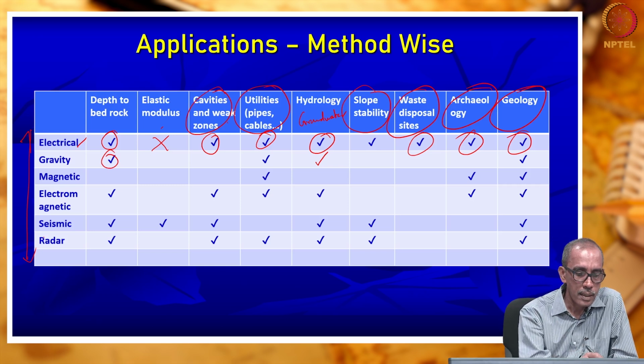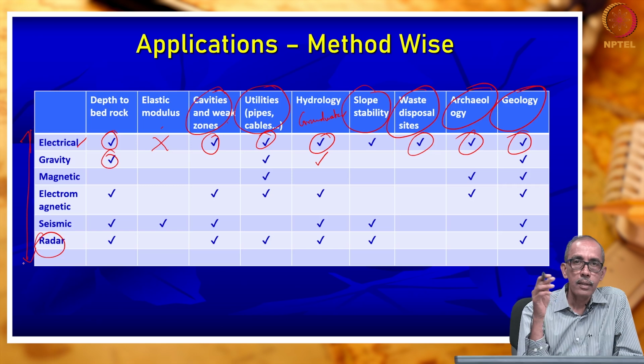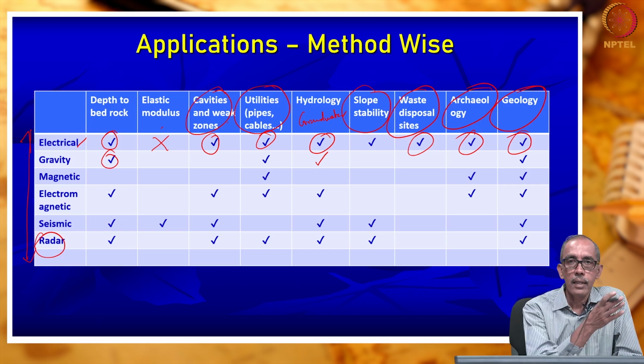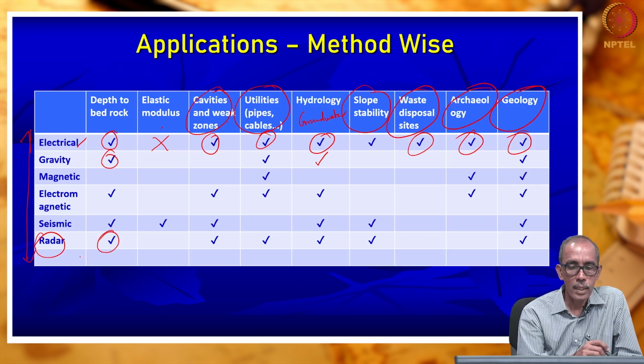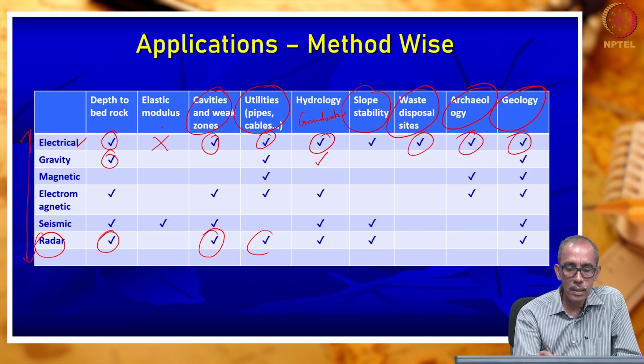Maybe as a last case, let us take up radar. That means in radar methods, we are going to send in the radar waves and detect the arrival. Radar methods also help to understand the depth to the basement rocks, the cavities, and the presence of utilities.